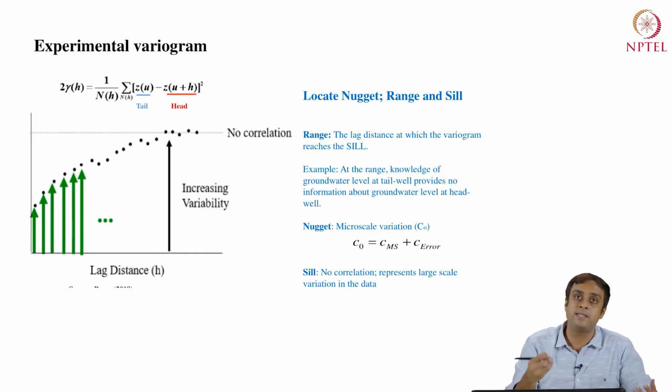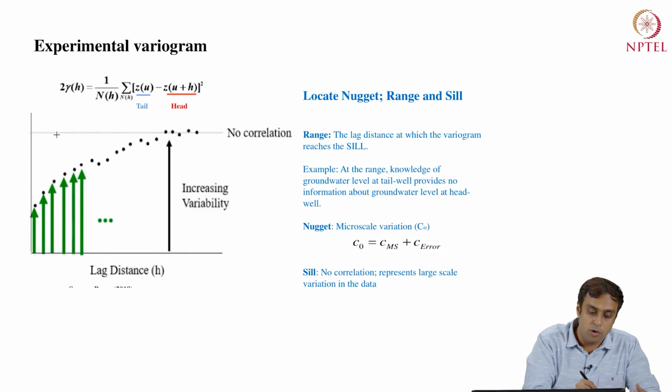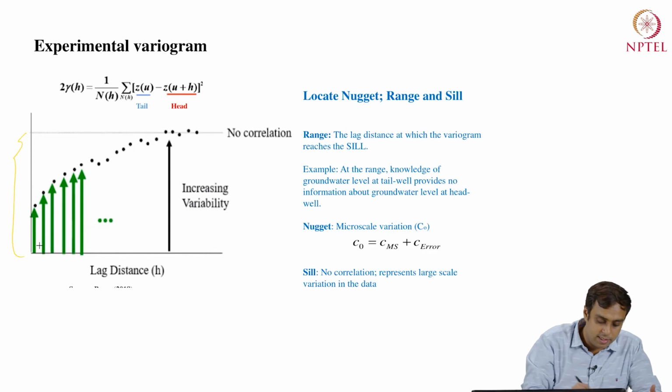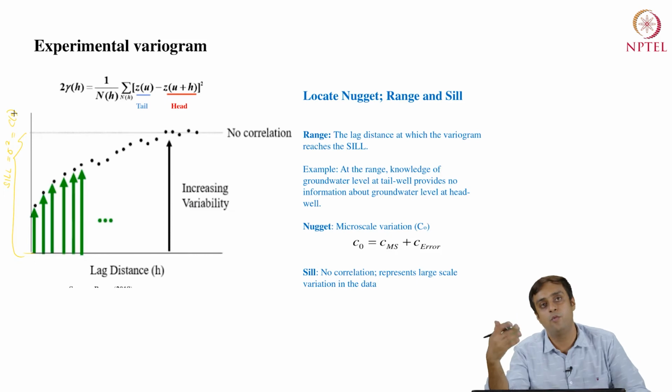So, it's the level of 2 gamma h value when there is no correlation in the data. So, the sill is just the vertical distance between the origin and the no correlation point. This is the sigma squared, the C0, however you want to represent it.